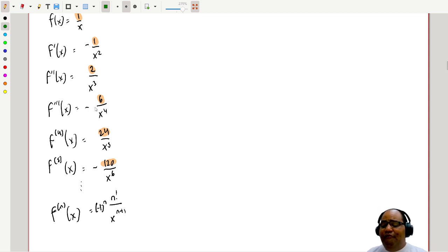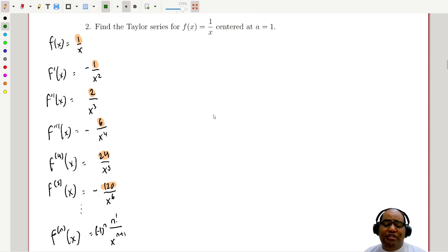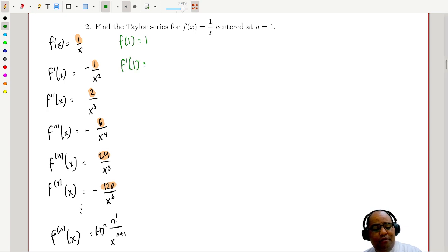Now let's evaluate these derivatives at our center point, which is a equals 1. f of 1 is just 1. f prime at 1 is equal to minus 1. f double prime at 1, we get a 2. The third derivative, we get a minus 6.